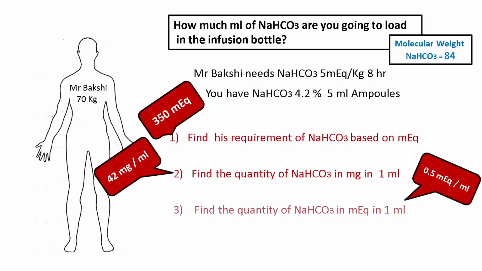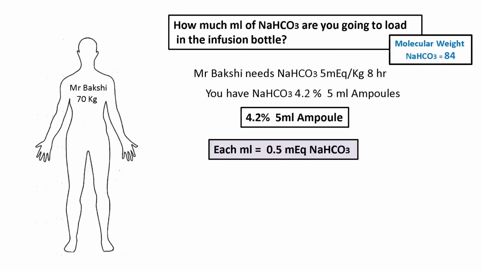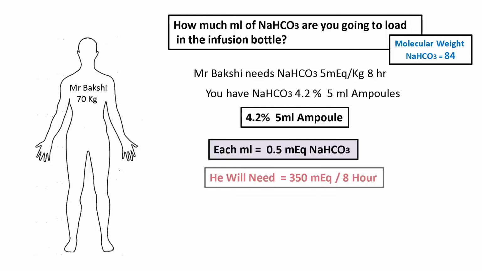We need to give 350 milliequivalents total over 8 hours, and the solution has 42 mg sodium bicarbonate per ml, which means it has 0.5 milliequivalent sodium bicarbonate per ml. Now each ml is equal to 0.5 milliequivalent sodium bicarbonate. That means he will need 350 milliequivalent of sodium bicarbonate per 8 hours.